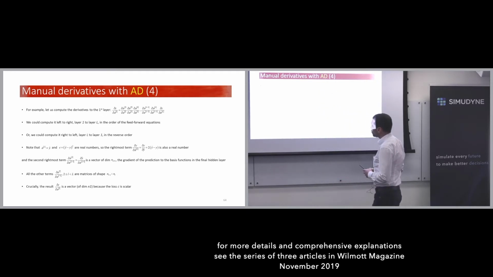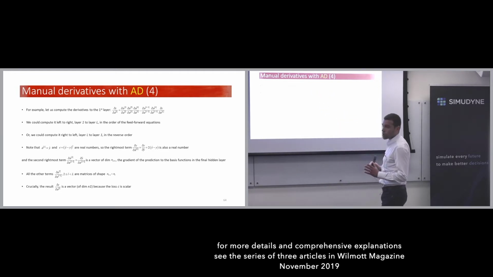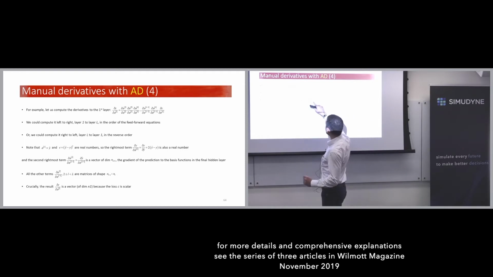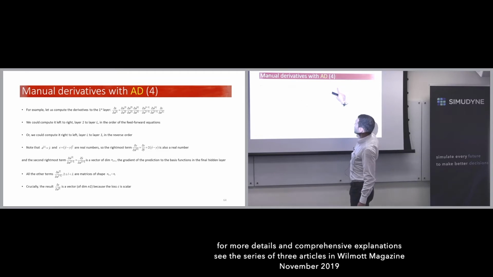We could compute it. To compute this matrix product, we have at least two strategies. We could compute it left to right: start with this one, right multiply by this one, right multiply by this one, and so on. Or we could compute it right to left: start with this one, left multiply by this one, left multiply by this one, and so on and so forth.